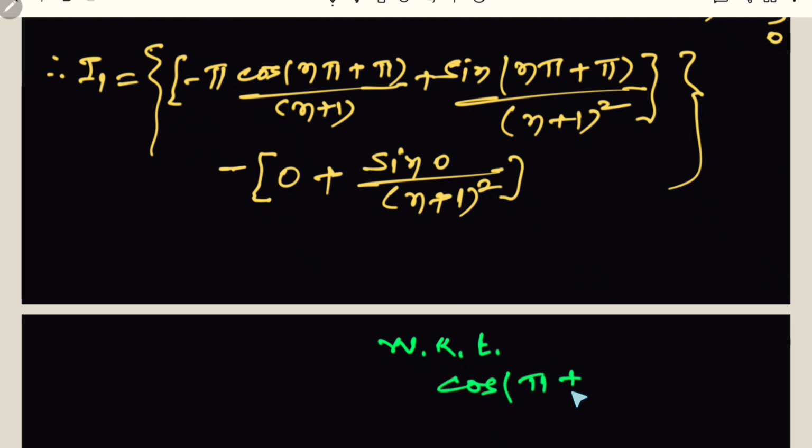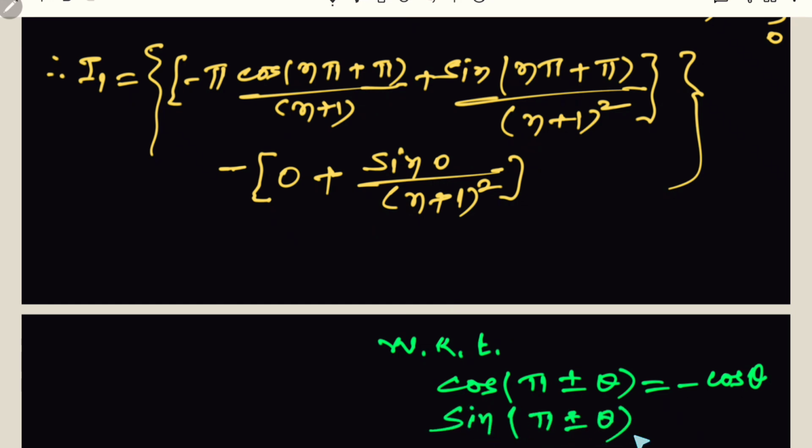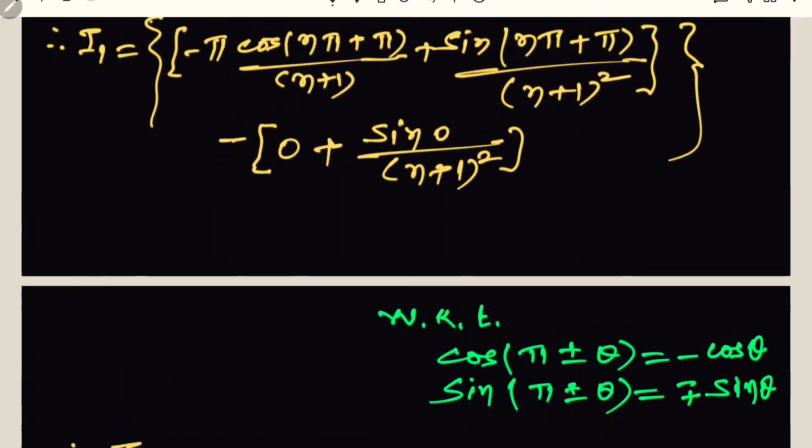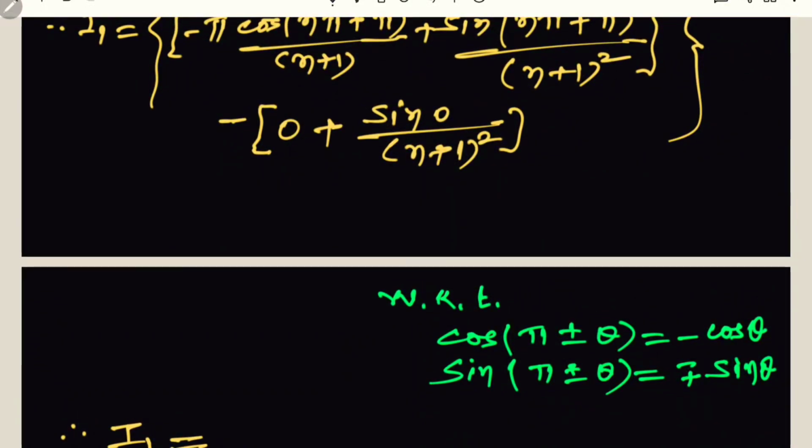We know the value of cos pi plus theta and cos pi minus theta. Both values are minus cos theta. And sine of pi plus or minus theta is minus or plus sine theta. For plus we get minus sine, and for minus we get plus sine. And therefore, the value of I1: cos pi plus theta is minus cos theta.